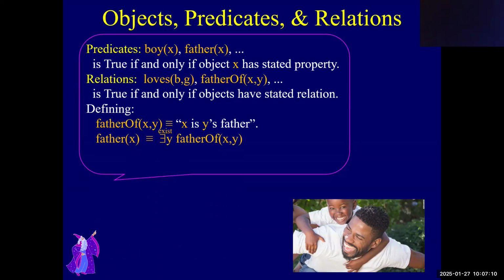And then we can go on further and say X is a father if there's somebody he's a father of, right? And then here we can talk about the daughter relation, right? Everybody kind of following this?